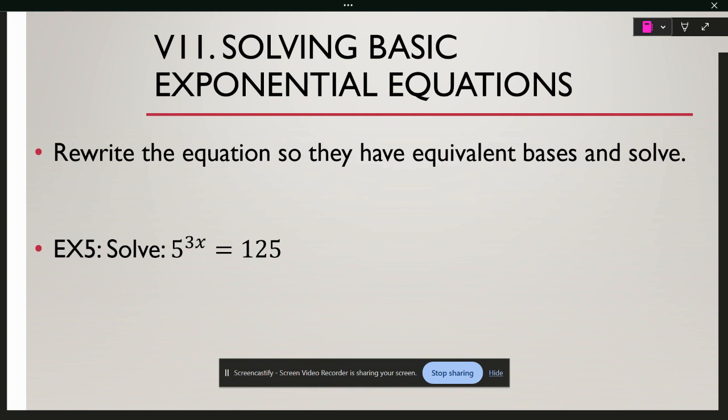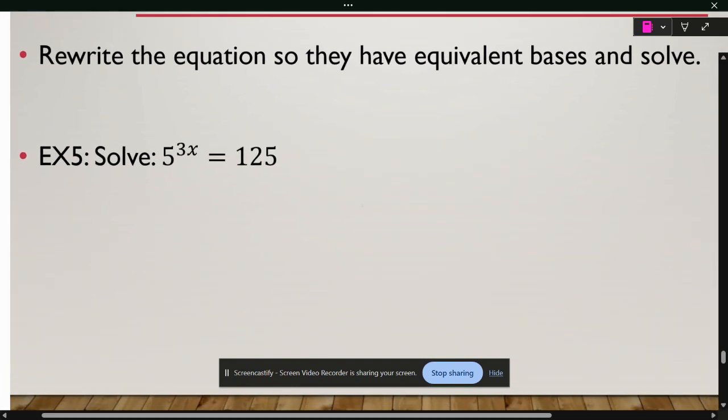One of the biggest things I'm going to tell you is that in all of these, you're going to have to make it so they have equivalent bases, because once you have an equivalent base, which I'll show you what that means in a second, you'll be able to cross out the bases and then set the exponents equal. So let me show you example 5, and then after that, there's a couple other small variations that you'll see, but for the most part, they're all pretty much the same.